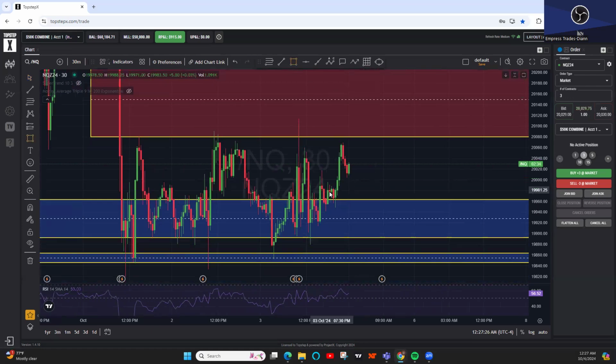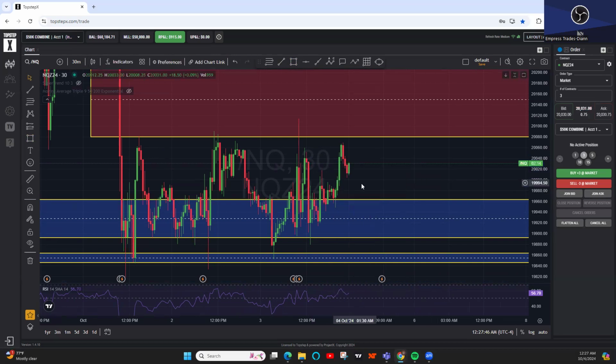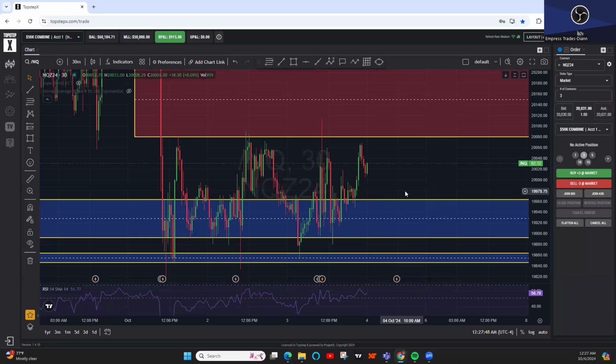I see a bullish one here, even though price is still kind of working in this area. It's being validated though. But this is 30-minute. Let me take this one off.